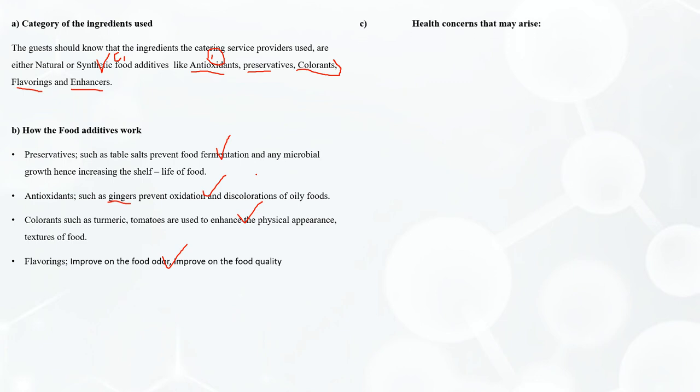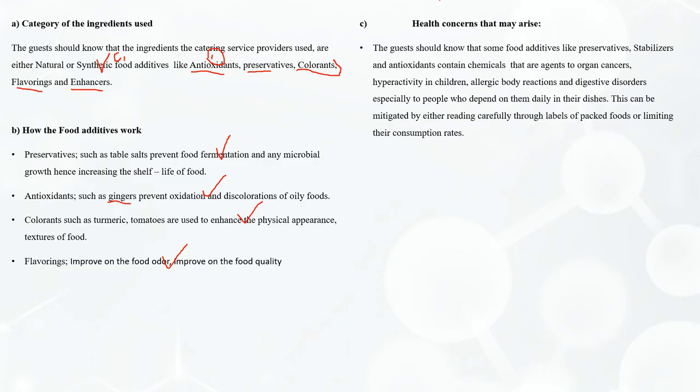Now when you look at part C, they are asking about the health concern that may arise. We can say the guests should know that some food additives like preservatives, stabilizers, and antioxidants contain chemicals that are a danger. These are agents to organ cancers, hyperactivity in children, and allergies.